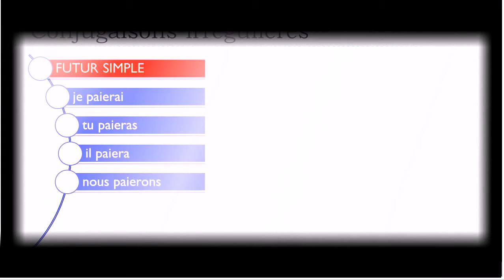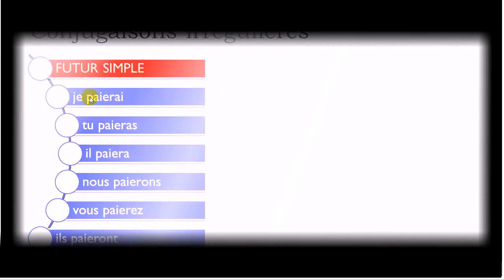And then the futur simple. As you can see, I've been dividing the screen in two, so it will be the same. We'll see first the official way l'Académie Française would like us to write it or to say it. Je paierai, tu paieras, il paiera, nous paierons, vous paierez, and then ils paieront. You can see that it's exactly the same thing.